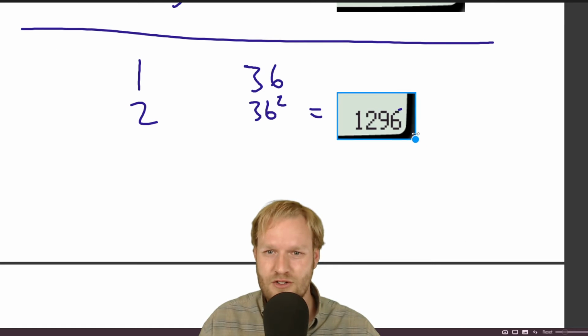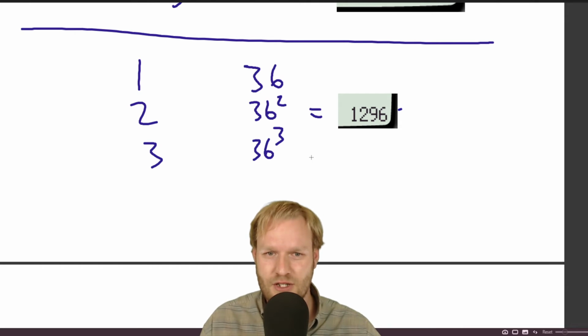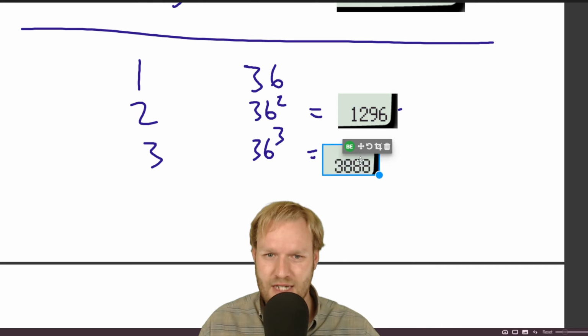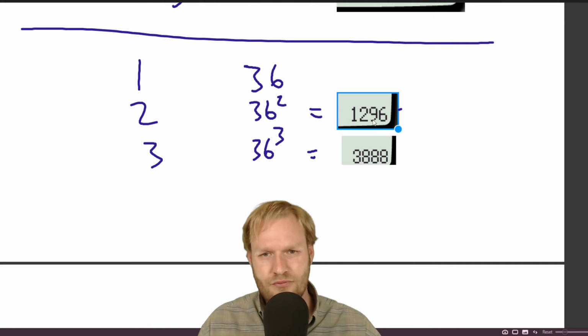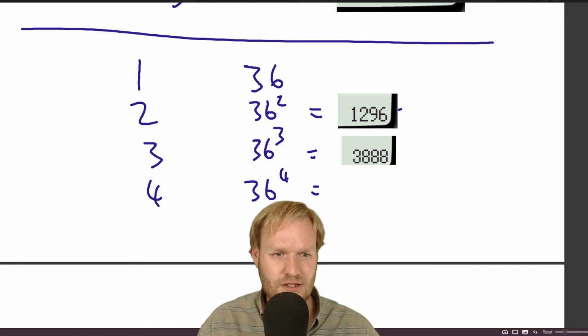And if we had 3 digits, then we would have 36 times 36 times 36, 36 cubed. Each time we times that by another 36, there are 36 times as many options. So if we have 4 digits, that would be 36 to the 4.